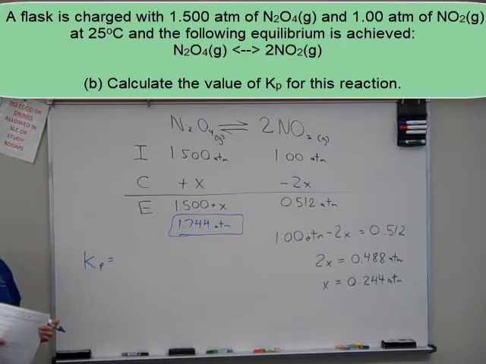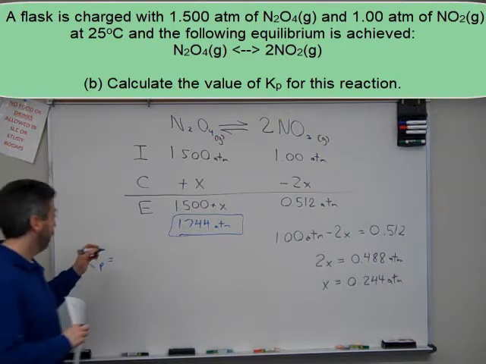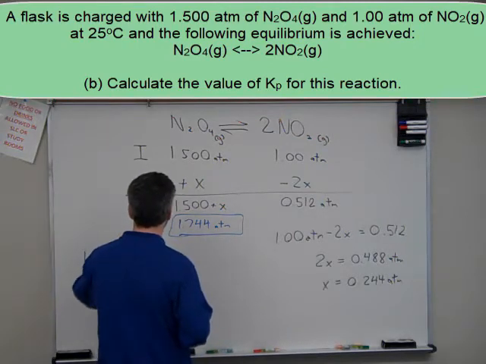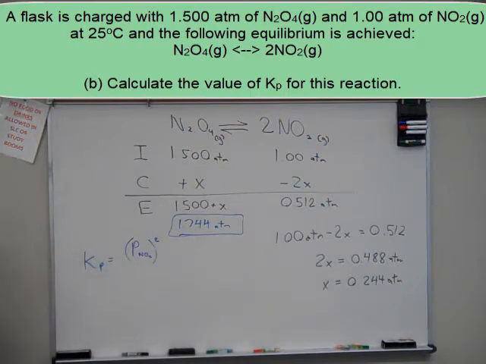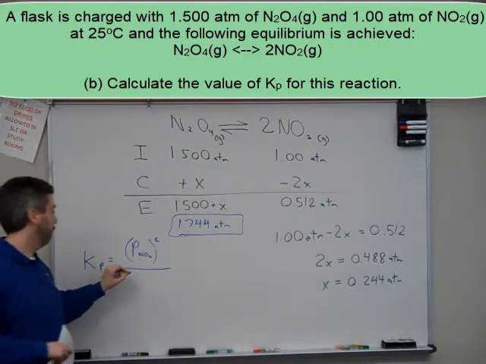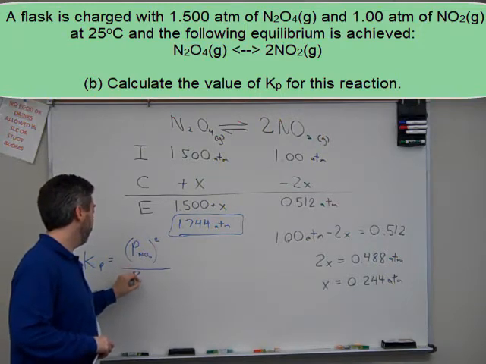Would it be NO2 squared? NO2 squared. Now it would be the P of NO2 squared, right? Because it's the Kp. And then we would divide that by the pressure of N2O4.